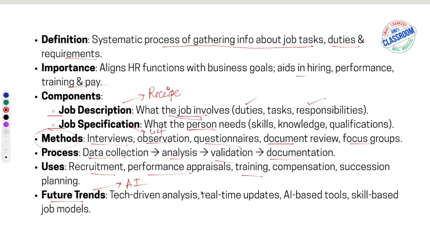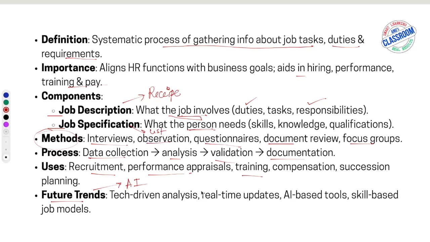Whether you are building a hiring plan, designing training modules, or setting up performance reviews, job analysis will give you that roadmap, which will make your job easier. And as future HR professionals, if you can master this concept of job analysis, then you will become the go-to person for clarity and structure in any organization. And who doesn't want to be that person, right? That critical resource who you cannot live without.